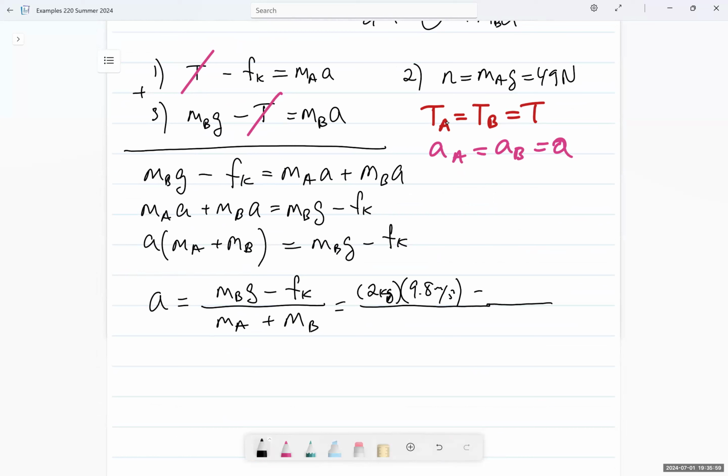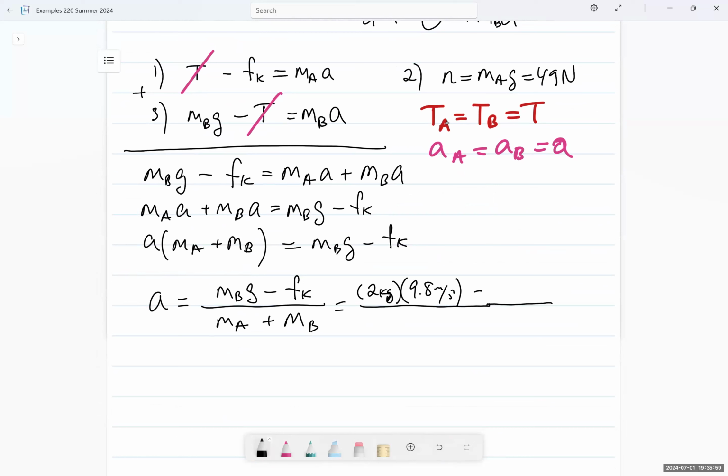We already have the normal force, so it's basically 0.2 times 49 newtons, which is the normal force we calculated. Then this will be 5 kilograms plus 2 kilograms.